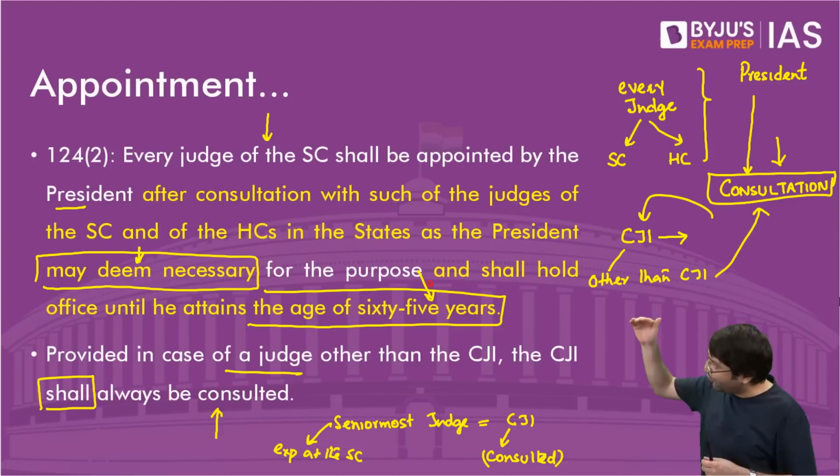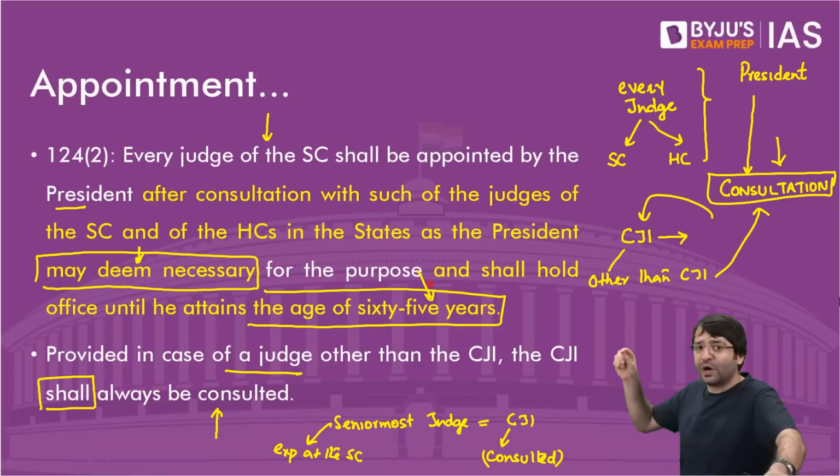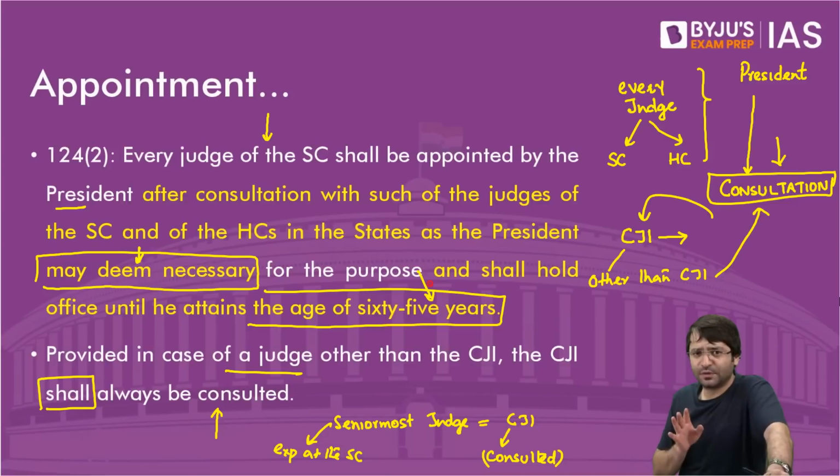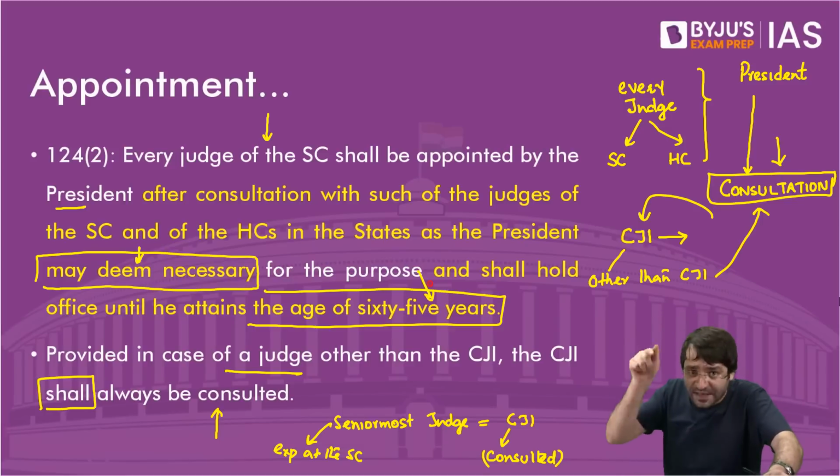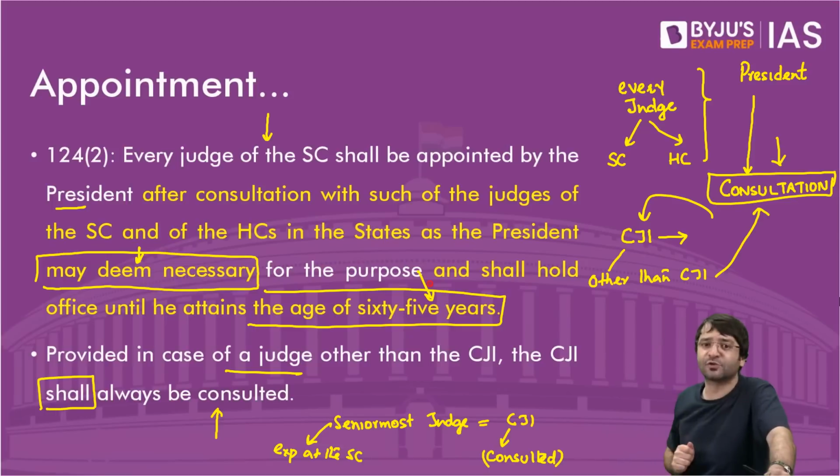Which means out of all these judges who were appointed earlier, that means at the Supreme Court, what is your experience? 7 years. Even if you are 62, but your experience is 2 years, but somebody is 55, but his experience is 7 years. That individual with 7 years experience, despite lesser age, will be the senior most judge of the Supreme Court.